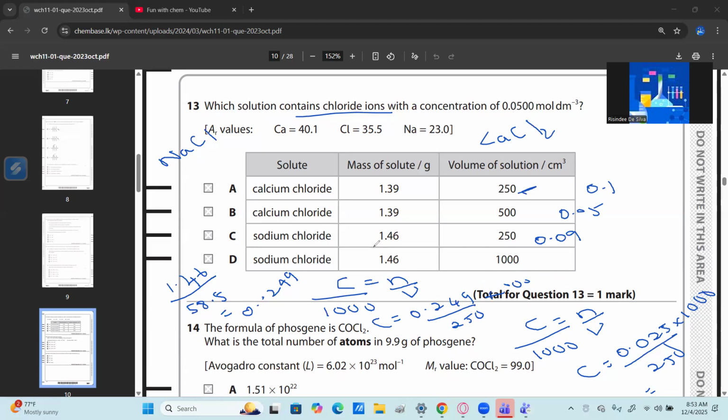Then the same number of moles, which is 0.0249 divided by 1000 into 1000. Again, you get 0.0249.